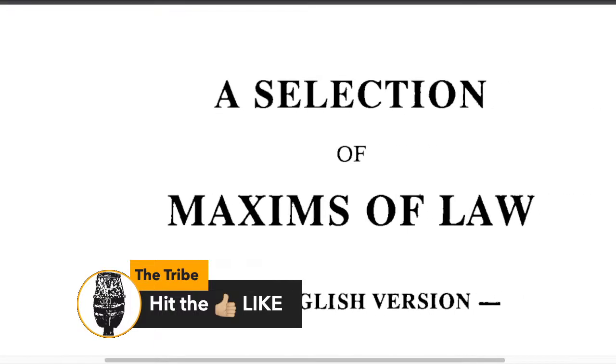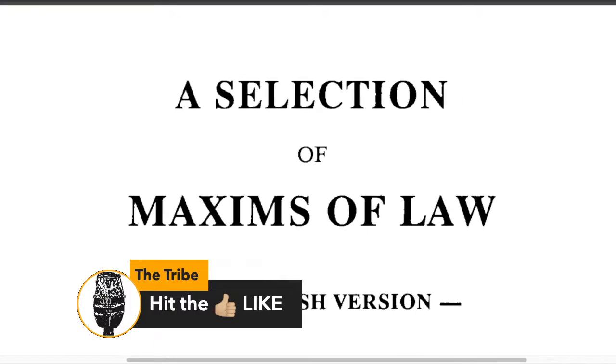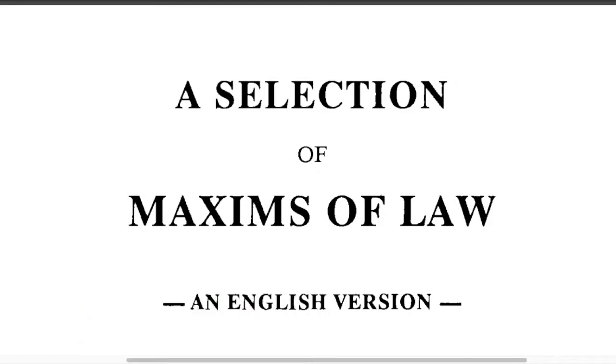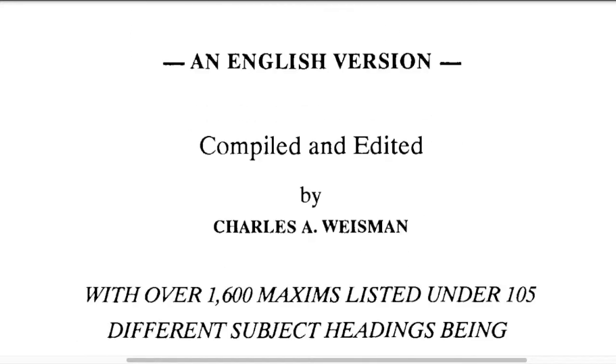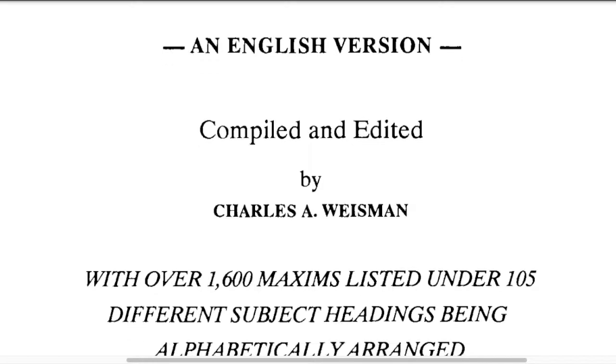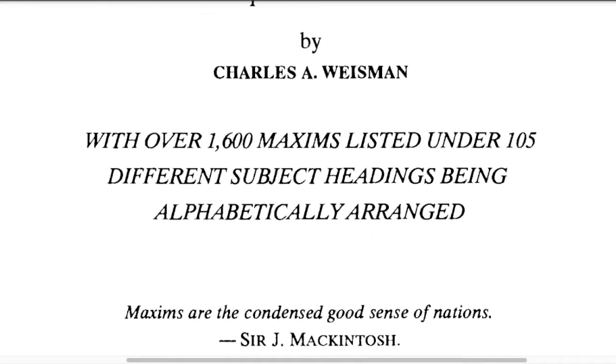There we go. Selection of Maxims, English, compiled by Charles A. Weisman. Over 1,600 maxims. We've gone over each and every one of them, listed under 105 different subject headings, being alphabetically arranged.